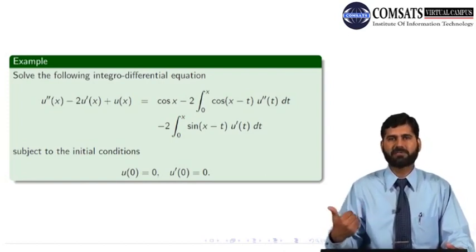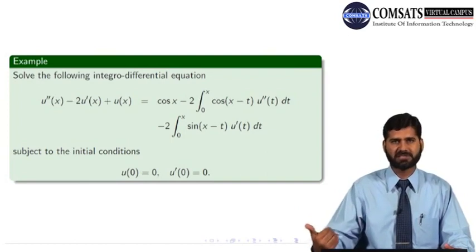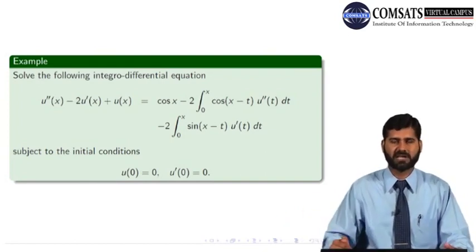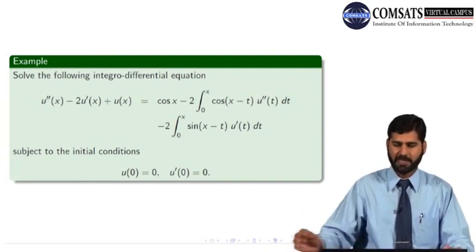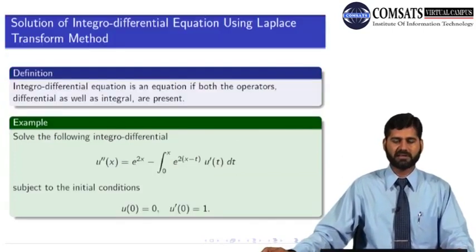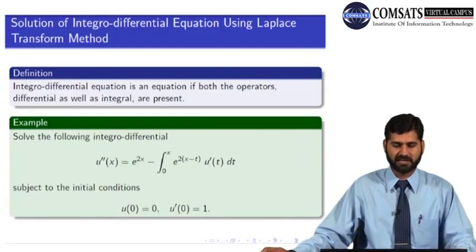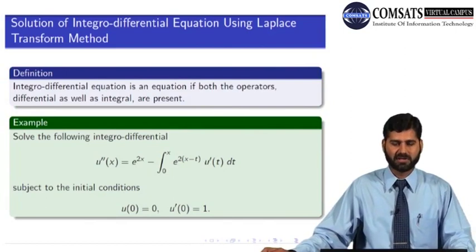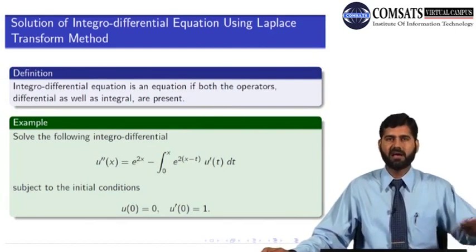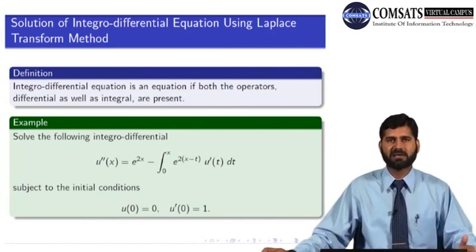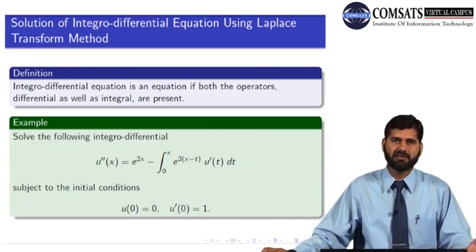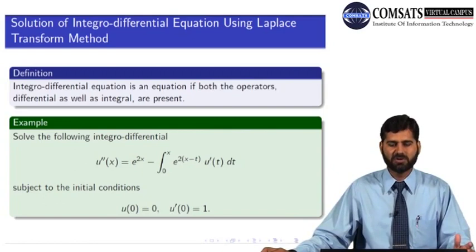So there may be a little bit of trouble getting the Laplace inverse of the right-hand side, but in this case it became very easy. All right? So you should solve this other integral equation which is written here in green. Again, on the left-hand side, you have to take the Laplace transform of the second derivative, which is s square u bar of s minus s u(0) minus u prime(0).